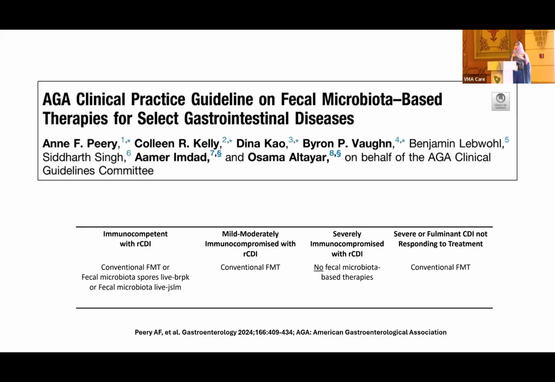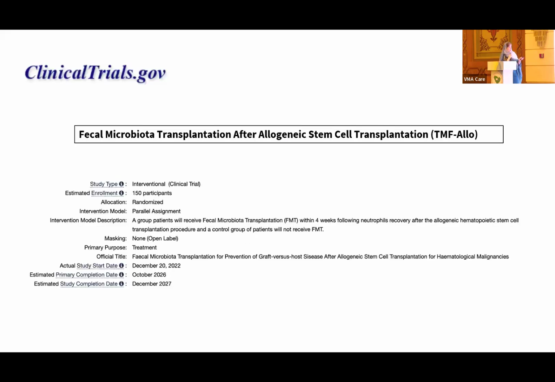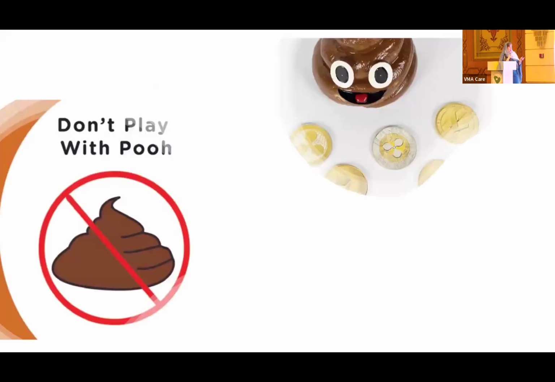But we still have to avoid it in a severely immunocompromised group. And there is now an ongoing randomized controlled trial about fecal microbial transplant on 150 patients. It will be completed, inshallah, in 2027.